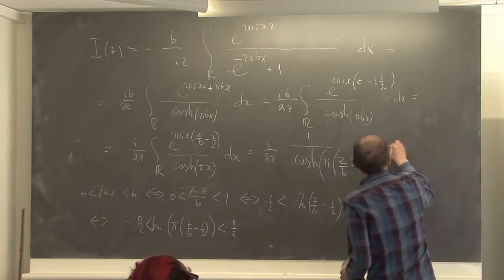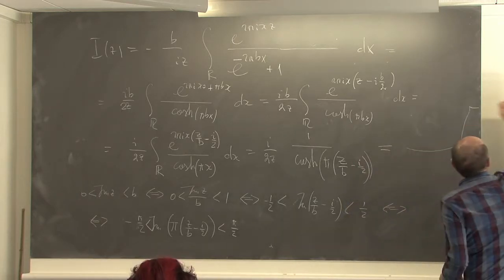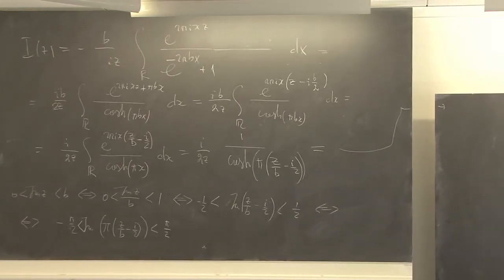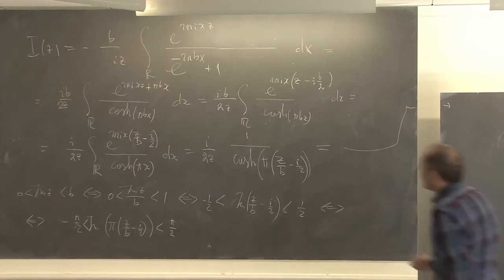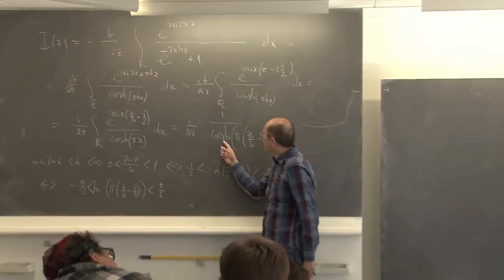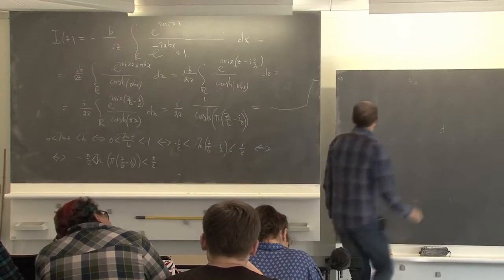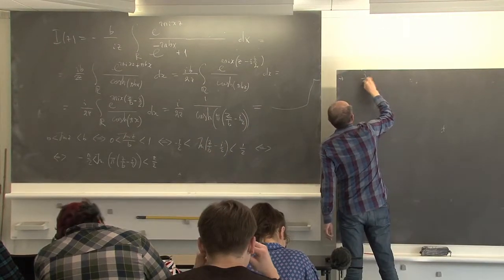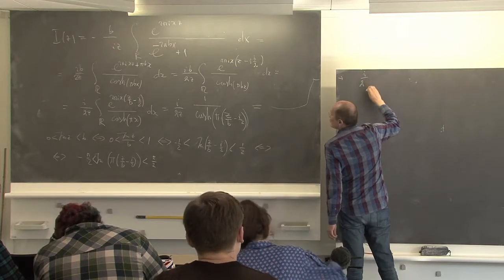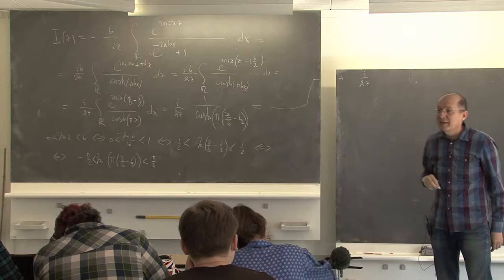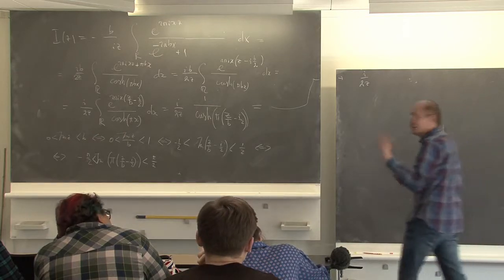But now we can continue. At least myself, I have a better experience with cos. So let us transform it to cos. Do you know how to easily transform cosh to cos? Just multiply by i, or minus i, whatever, because it is even.